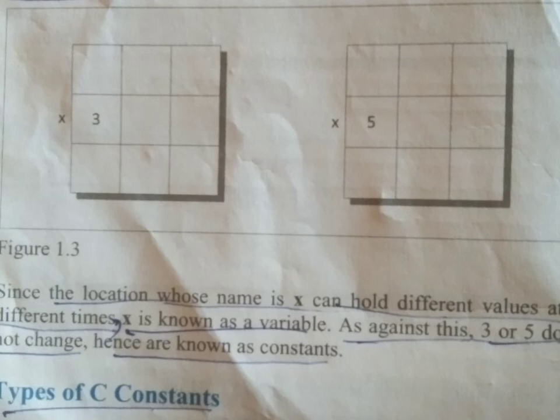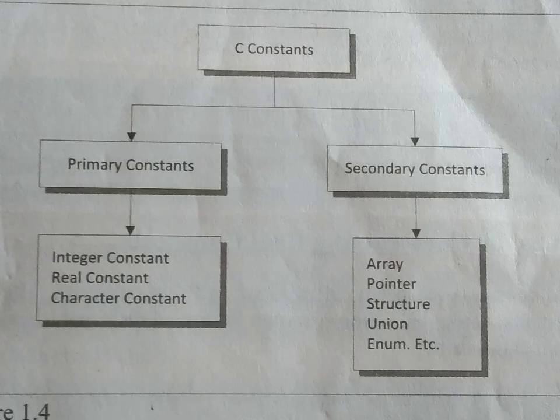Then we have assigned a new value 5 to the same memory location x. This would override the earlier value 3 since a memory location can hold only one value at a time. Since the location whose name is x can hold different values at different times, x is known as a variable. As against this, 3 or 5 do not change and hence they are known as constants.